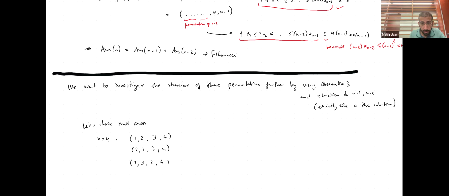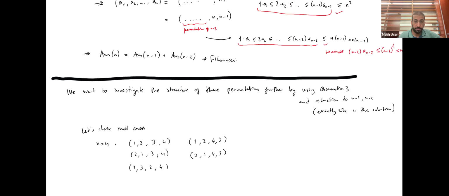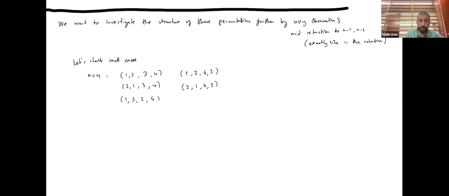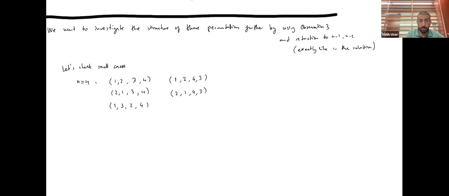Or alternatively, if the last 2 terms are 3, 4, then the remaining things can be 1, 2, or 2, 1. So these are the, sorry, 5 permutations in the case of n equals 4.